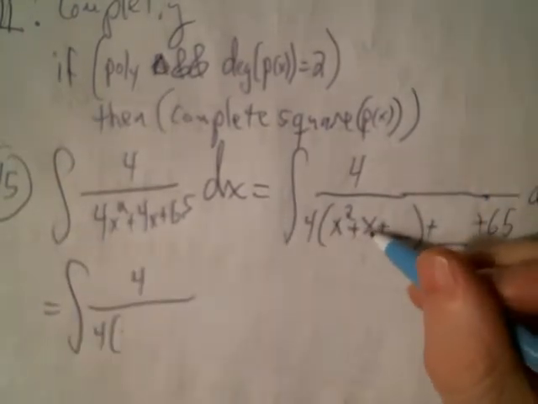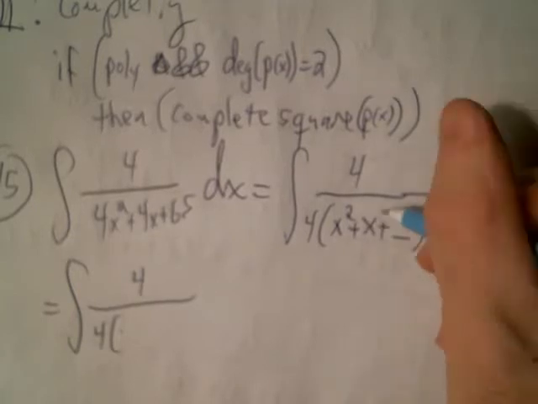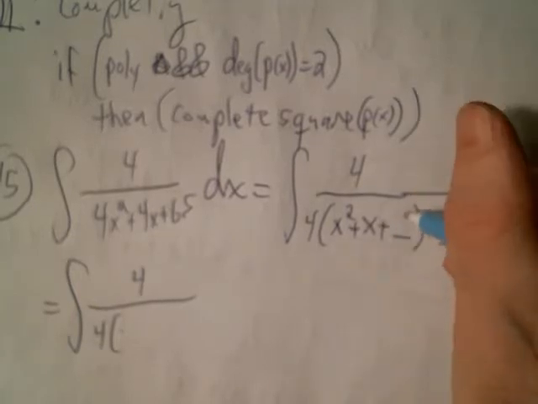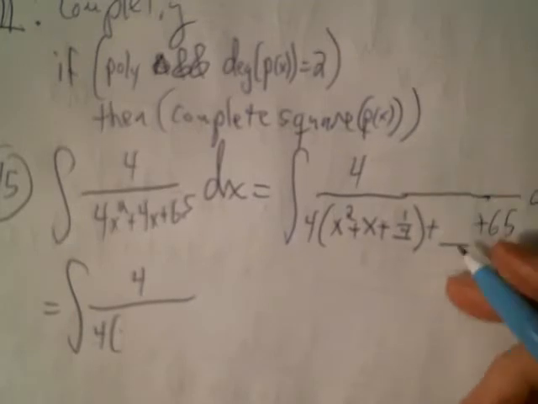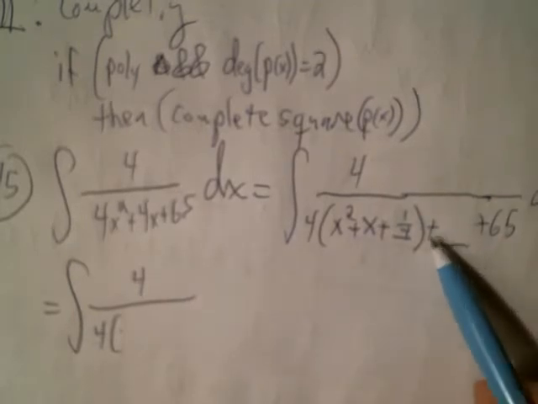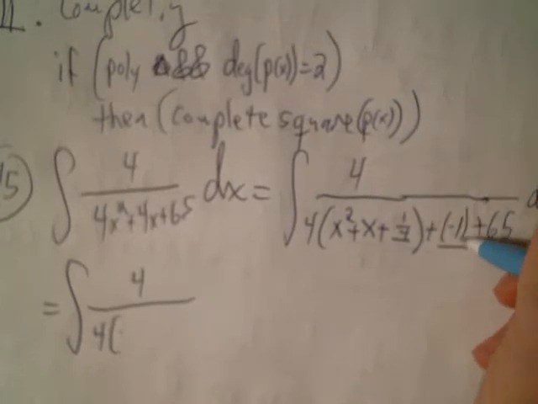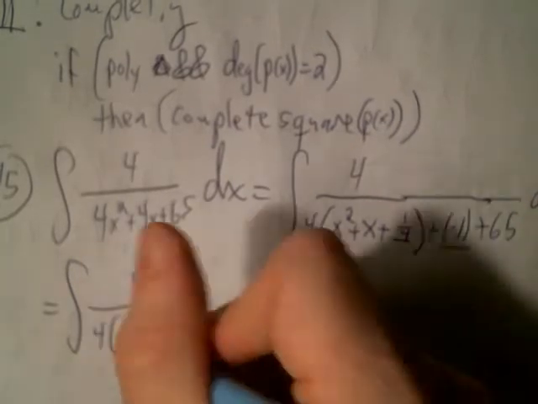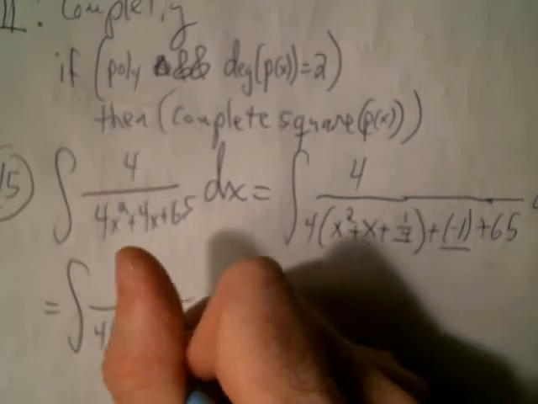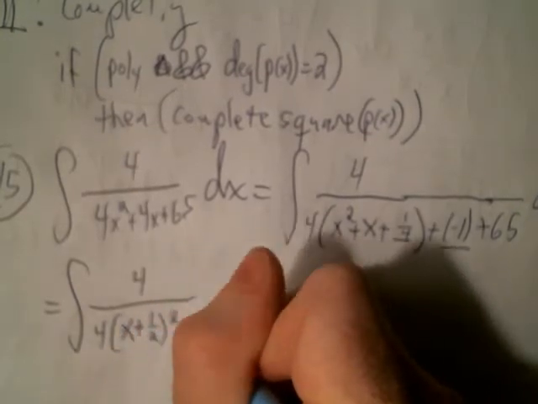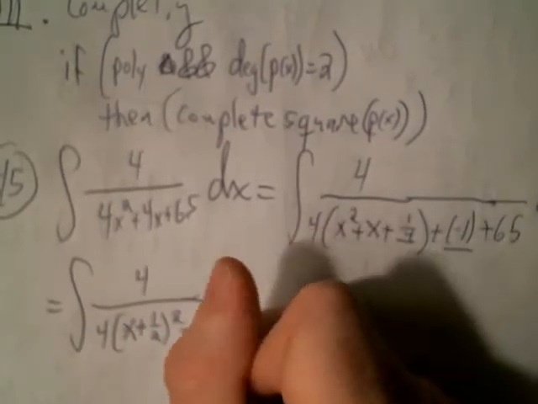So what is that thing? It's always b all over 2 squared. So it's 1 all over 2 squared, which is 1/4. Then I have to immediately subtract the product of 4 and 1/4, which is 1. So I'll be going minus 1 here. And then you have 4 times x plus 1/2 squared plus 64.